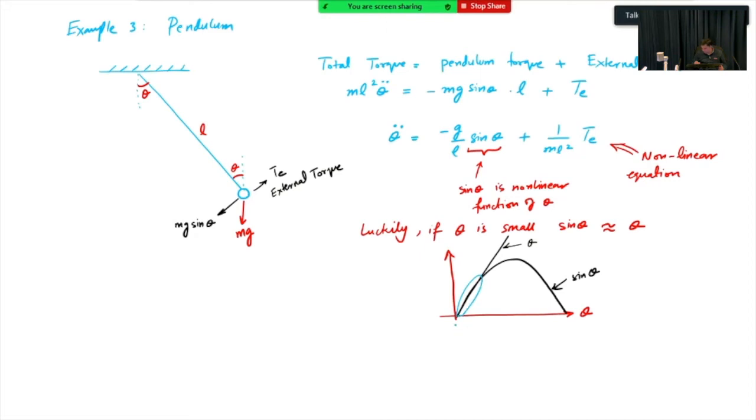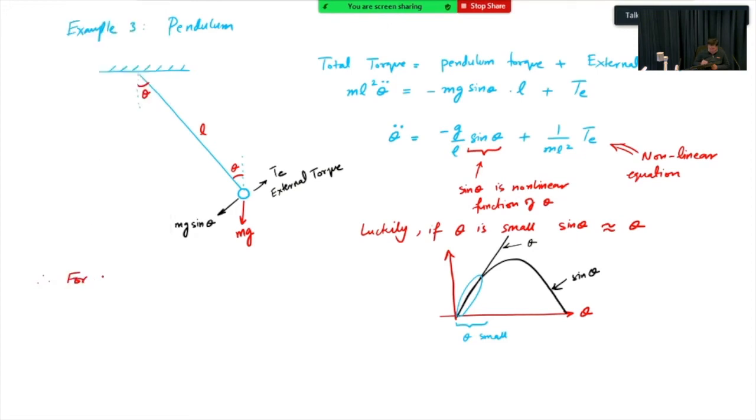So if theta is small, then you can actually use the linear dynamics.